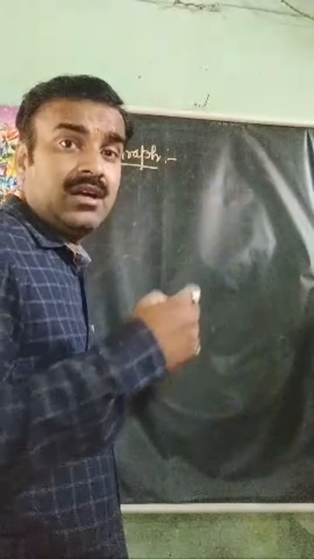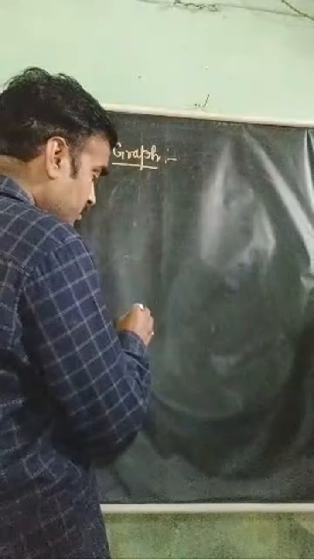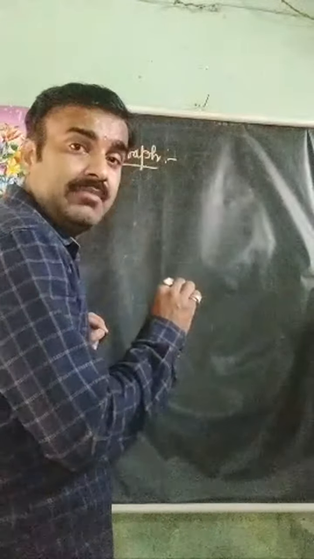Now, how can we draw the graph and how can we choose the axes? We can take two axes, the x-axis as well as the y-axis. Basically in mathematics, in the coordinate system, we take the origin, that means 0 0.